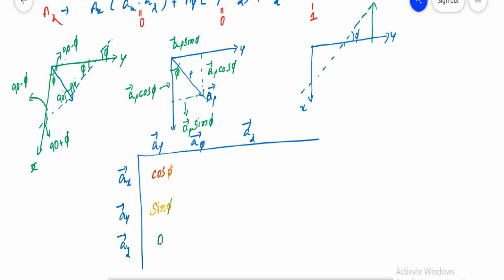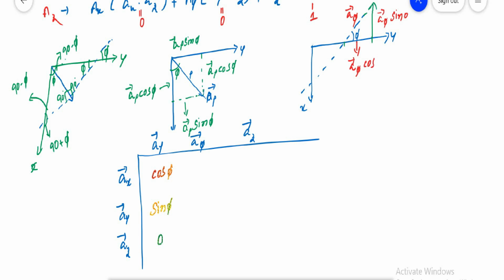So what will be the value of this one? So this is your A phi, the unit vector along this length is A phi. Then we can write here A phi sin phi, and this is equal to A phi cos phi.